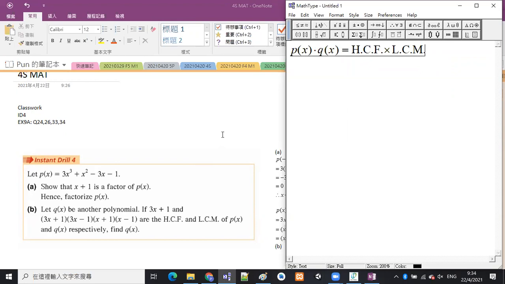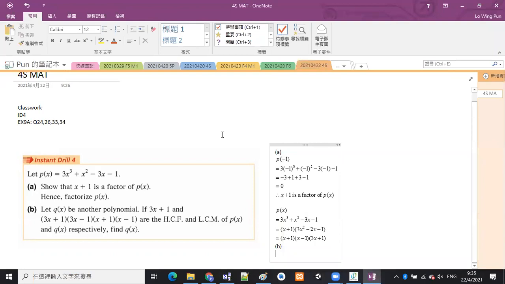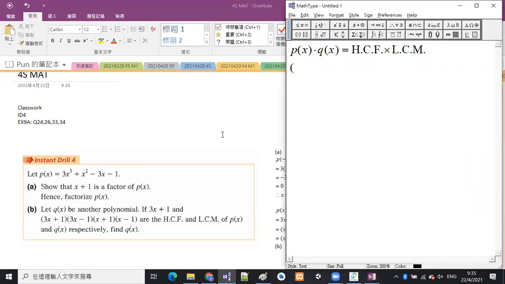Among these four things, we have information on three of them, so we can use this relation to calculate the fourth one, that is Q(x). P(x) is this. We have already factorized P(x), so we use the result of part A: (x plus 1)(x minus 1)(3x plus 1), right?